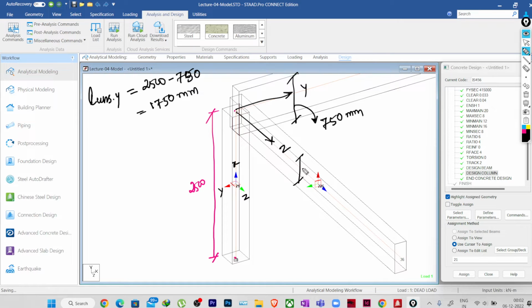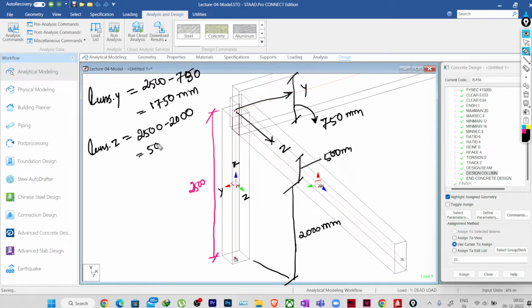This depth we know is 500 mm, and I just want to calculate this distance. So it will be 2500 minus 500, which is 2000 mm, right? So L unsupported along z-axis will be 2500 minus 500, and we'll be getting 2000 mm.